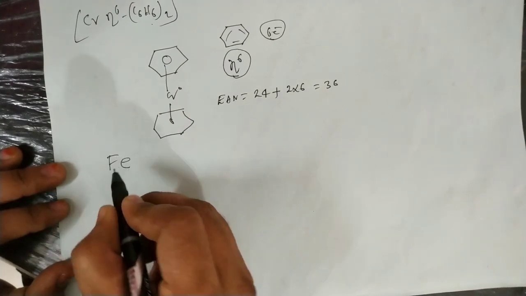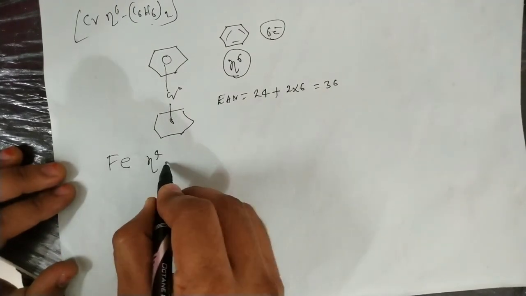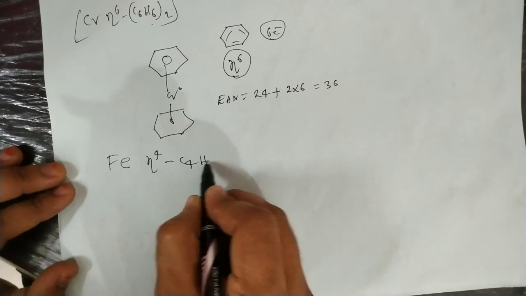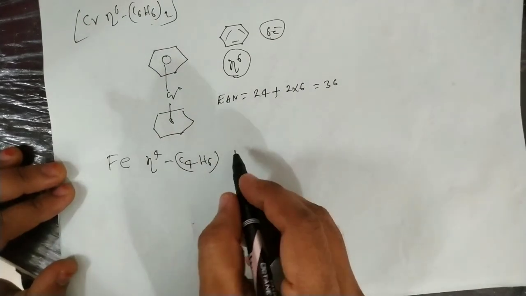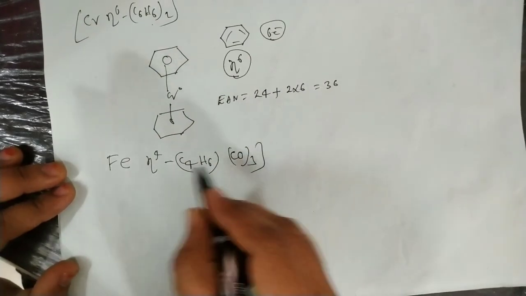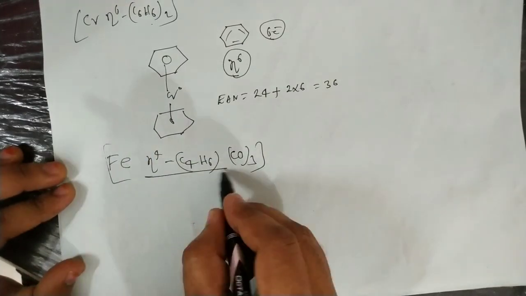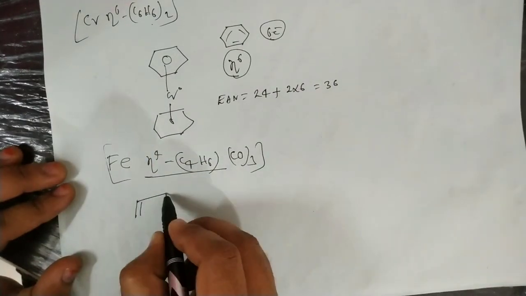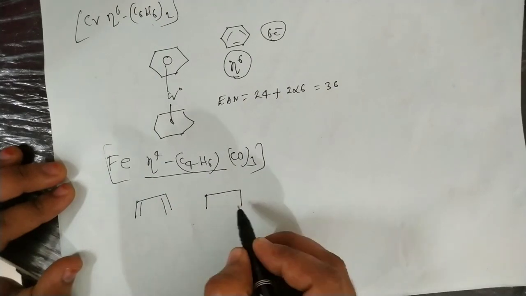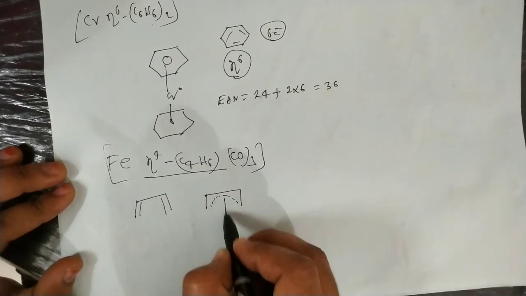And next, one more complex compound, iron eta 4 C4H6 and CO thrice. In this case C4H6 means 1,3-butadiene. In 1,3-butadiene there is also resonance.